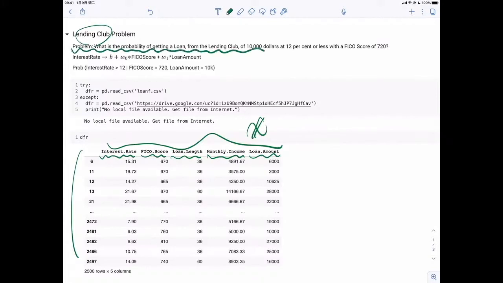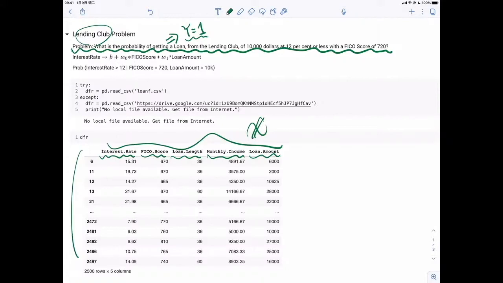What is the probability of getting a loan? Getting a loan means y equals 1. In the previous example, winning the game is y equals 1. If you do not get a loan, then y is 0. So it is still a binary classification problem. The answer is either yes or no, win or lose, get a loan or not.